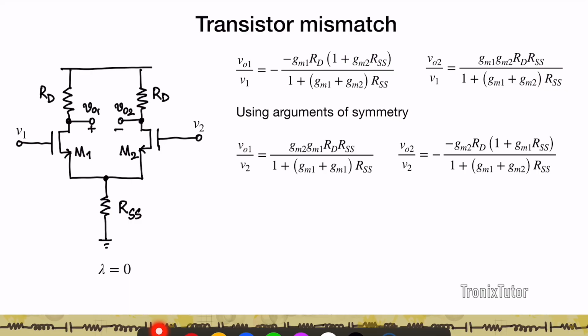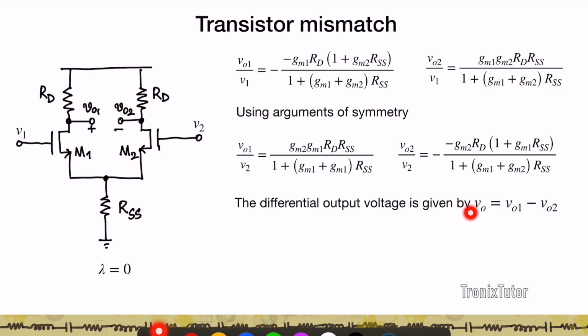So VO1 by V2 would be GM2 GM1 RD RSS by 1 plus GM2 plus GM1 RSS, and VO2 by V2 will be the common source with source degradation, given as GM2 RD into 1 plus GM1 RSS by this. So basically now I've established the relationships between the two output voltages and the input voltages.